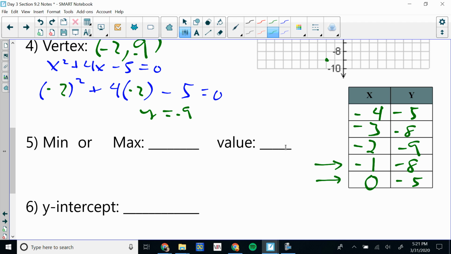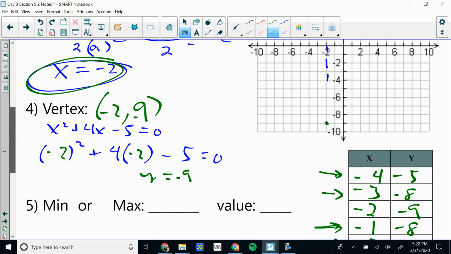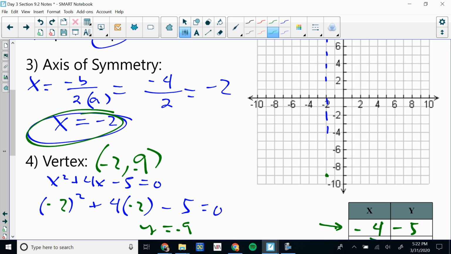So we have negative 8s for both negative 3 and negative 1, and negative 5s for both the negative 4 and the 0 x entry. All right, so if I graph this, we have negative 1, negative 8, negative 3, negative 8, and then negative 4 was negative 5, and 0 was negative 5.